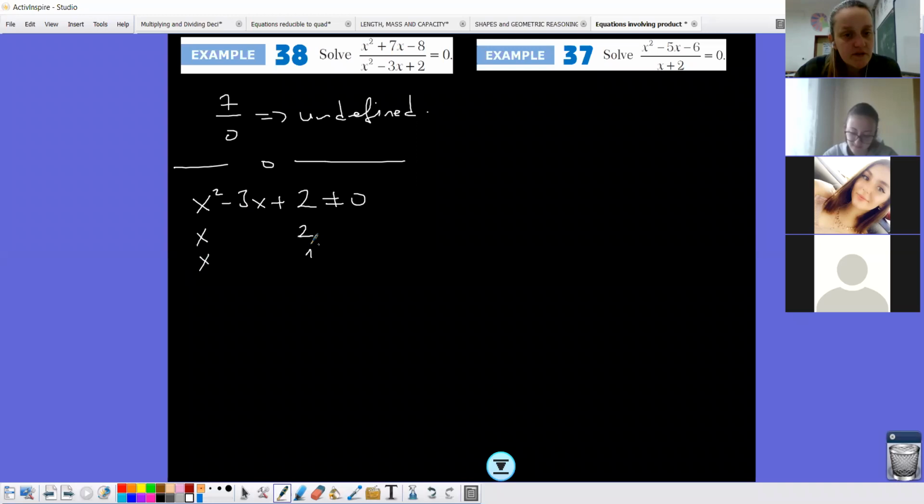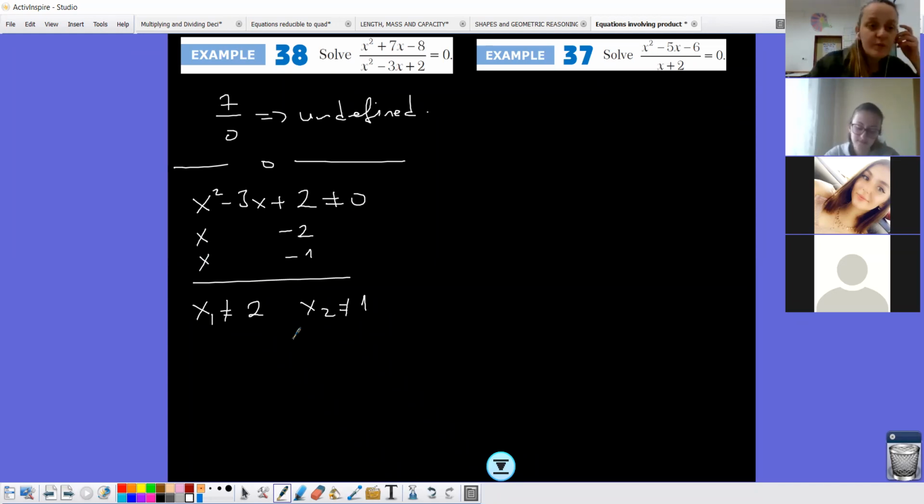As you can see, this is minus 3. It will be minus 2, minus 1. Then x1 will be 2, x2 will be 1. But they cannot be because this expression cannot be 0. So firstly, I'm finding the x values that will make my expression undefined, okay?